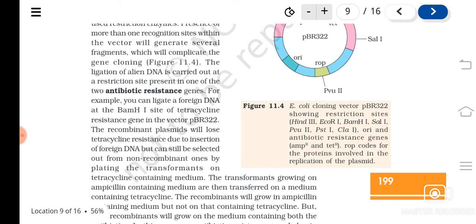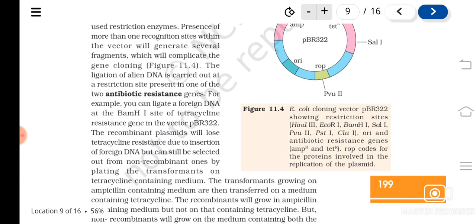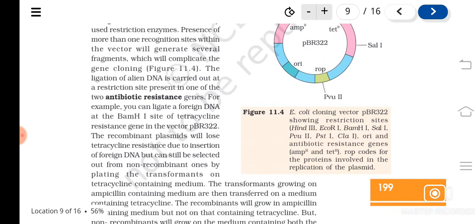So when you add the foreign gene into the BamH1 site of the tetracycline resistance gene, the plasmid loses the tetracycline resistance due to insertion of foreign DNA, but it can be selected from non-recombinants by growing them in a medium containing ampicillin.